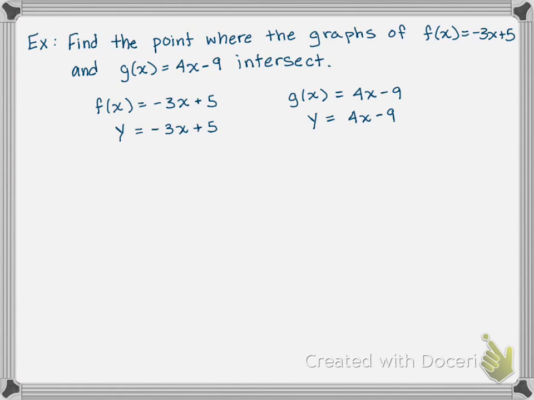And now we see that both of those are solved for y. So we can just take this one and put it in for y right here. So we end up with negative 3x plus 5 equals 4x minus 9.